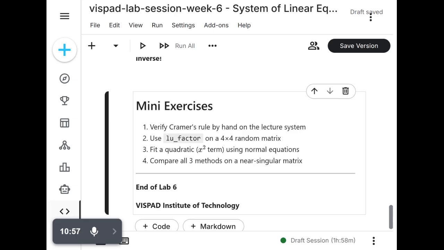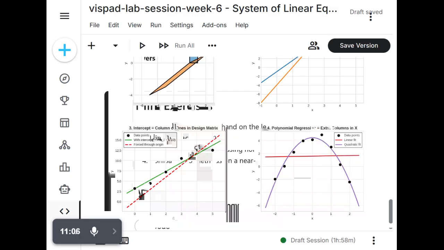So the last time, I think Richard should be more conversant with this because we taught this last semester. I'm going to share this.